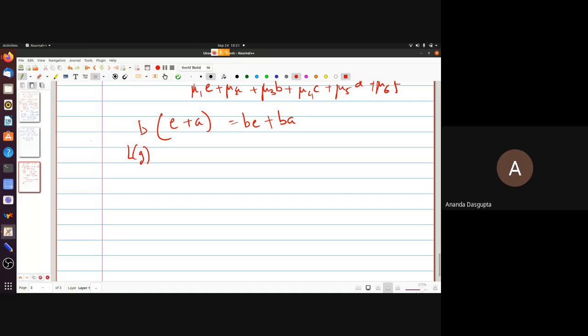So for any group element G, there has to be an LG, an operator, which acts on an arbitrary vector on this space. And what you want is that this map L, which maps G into LG, has to be a homomorphism. The LG V has to be some element of the vector space, and you define it. This is a definition.